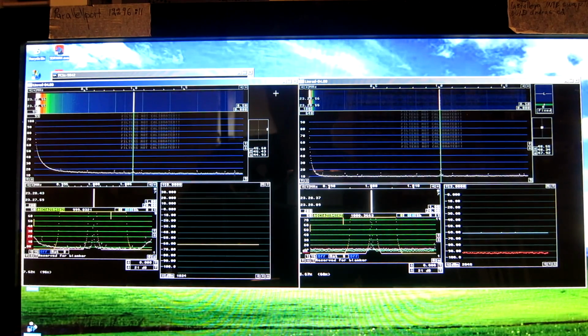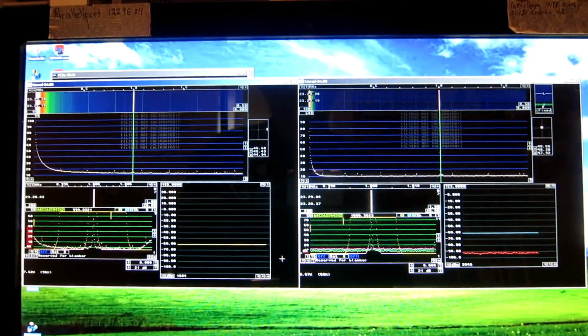I have set the calibration, that's the number here and here, to have the S meter show minus 60 dBm. Of course, it's not a correct calibration because the signal is split on the 2 receivers just by connecting them in parallel. But it's convenient for what I'm doing now.